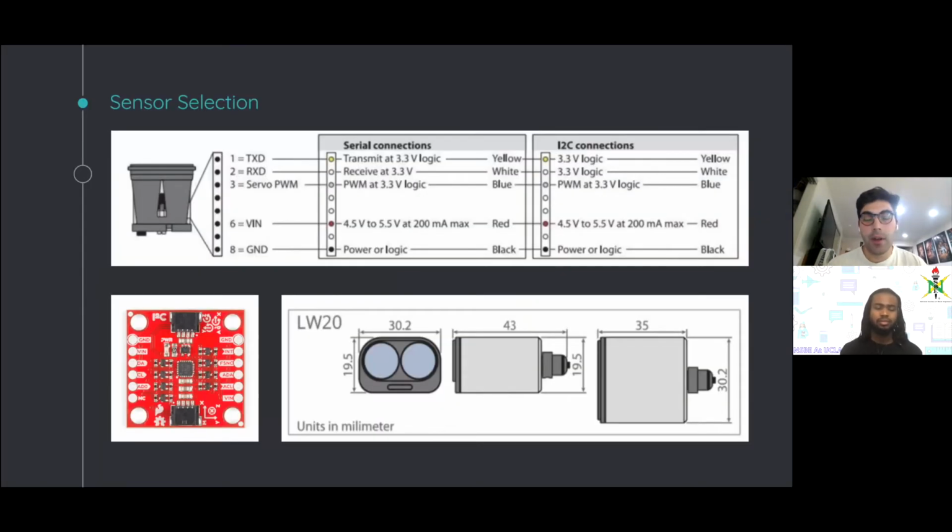So for the navigation algorithm, we have a couple of sensors that we implemented in order to do an accurate state estimation. The sensor selection consists of 2 LW20 LiDARs, one on the front of the robot and one facing the right of the robot.